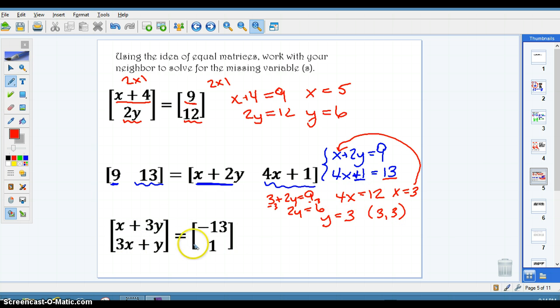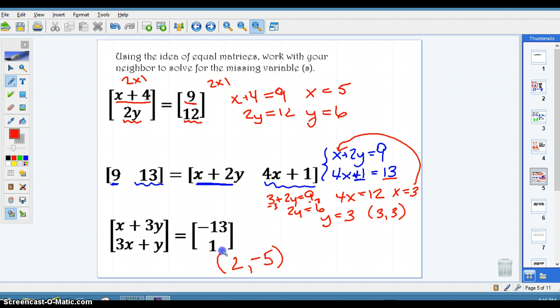And this one, this is a true system with 2 variables and 2 equations. So you should do either substitution or elimination on this one. Okay, so for that one, you should have gotten x to be 2 and y to be negative 5.